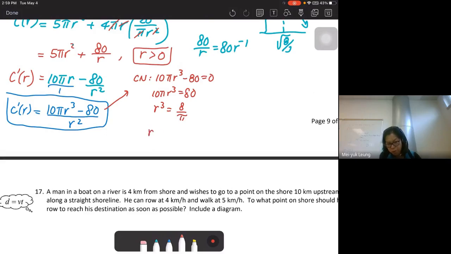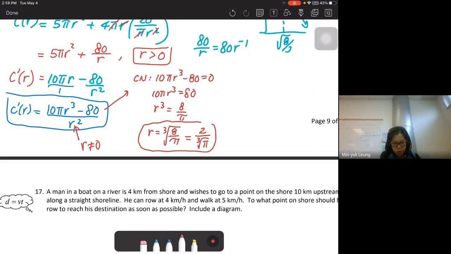So r would be the cube root of 8 over pi. The cube root of 8 is a perfect cube, so we have 2 over the cube root of pi. That is the only critical number we have, because the denominator, r, cannot be equal to 0, so we don't get any more critical numbers.